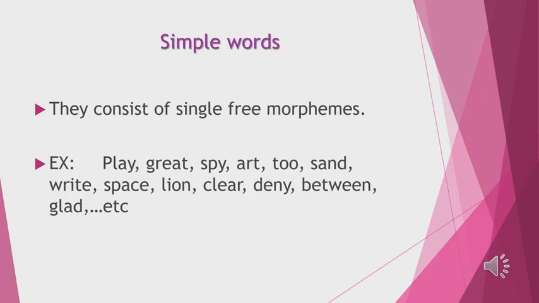Play, great, spy, art, to, sand, right, space, line, clear, deny, between, glad, etc. Each one of these words is called a simple word because it consists of one free morpheme that can stand alone with meaning.